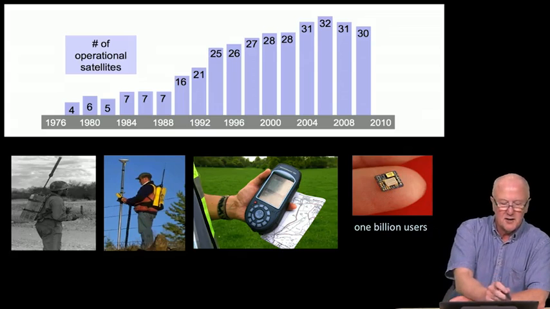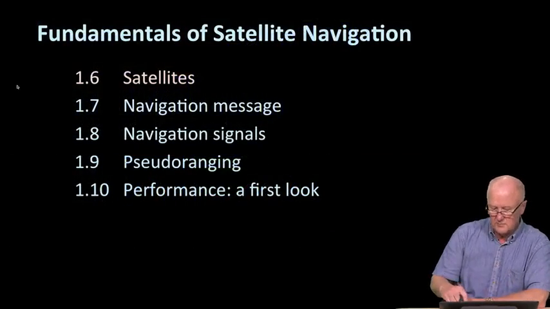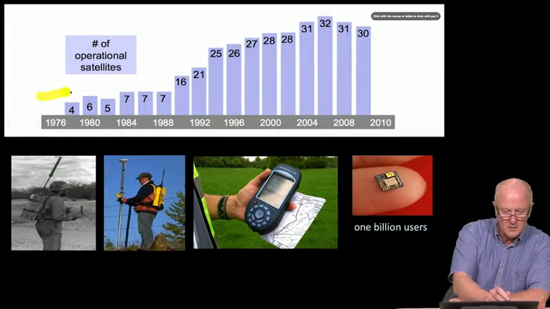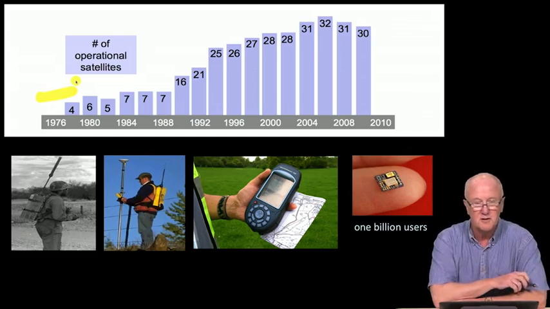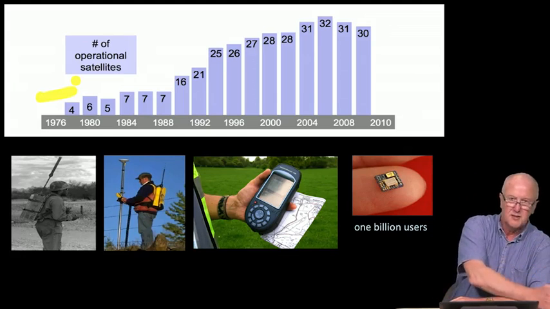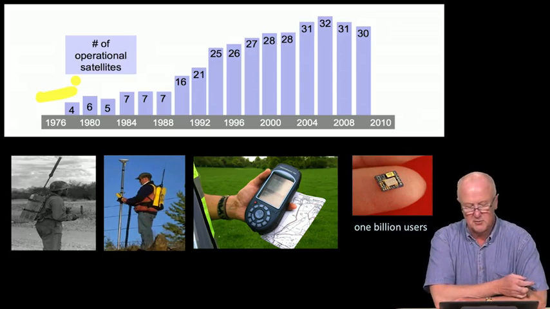And remarkably, it took the designers only 5 years to get 4 satellites on orbit. That's an incredible feat in and of itself. Today, it would take quite a bit longer than 5 years to go from initial approval to that time that the satellites were already there.